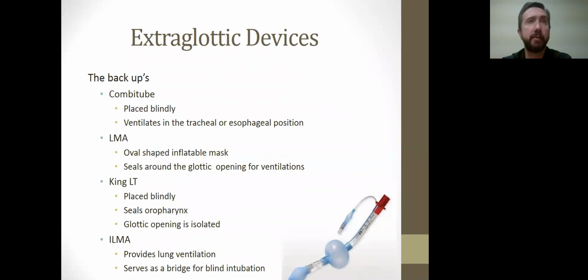It's actually placed blindly. So this is what those two balloons do. It seals off the trachea. It's not directly in the trachea, but it isolates it so that air can be pushed straight into the trachea and then into the lungs for oxygenation.